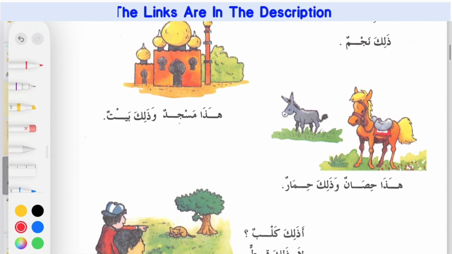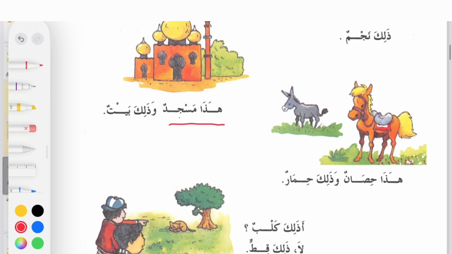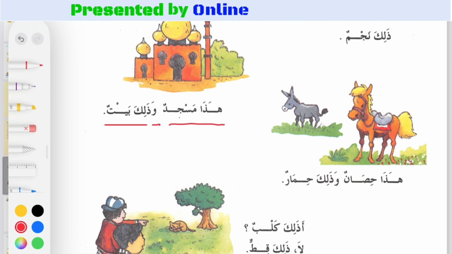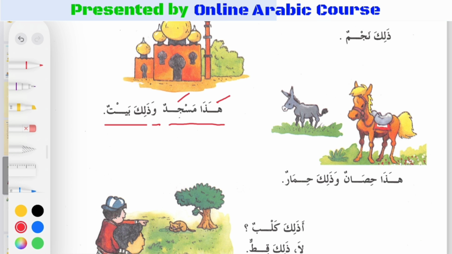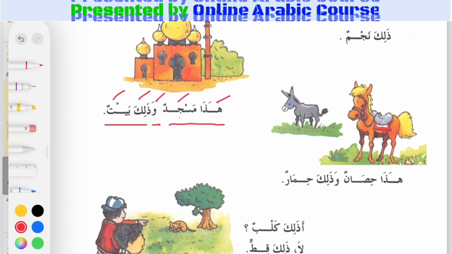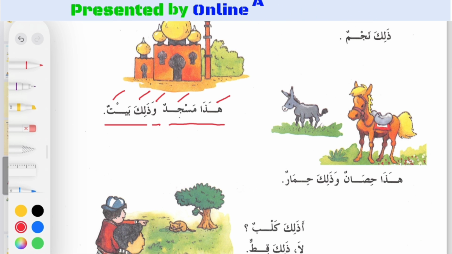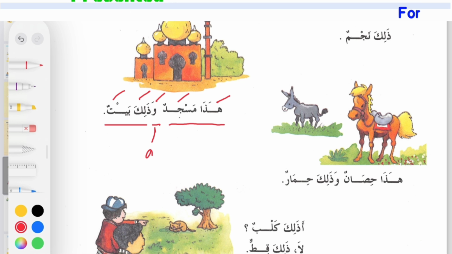And now the next line is hada masjidun wa dhalika baytun. Hada masjid, this is a mosque, and that is a house. Wa means and.